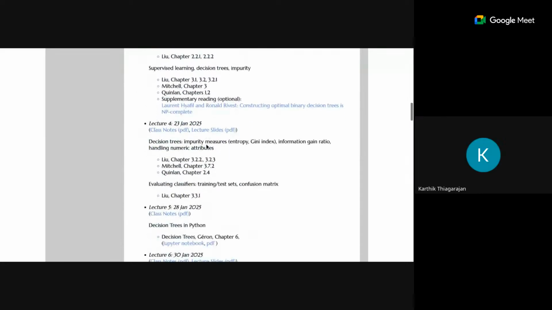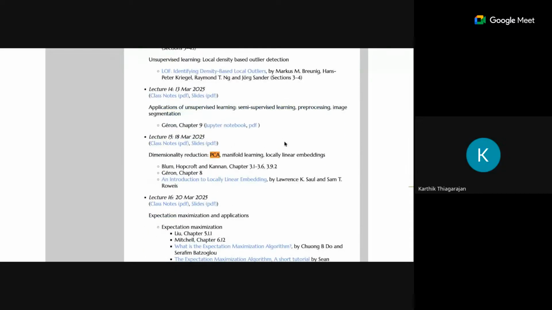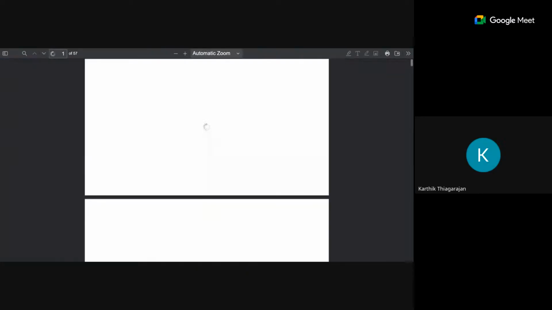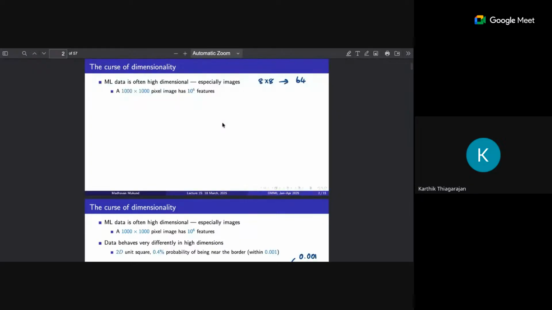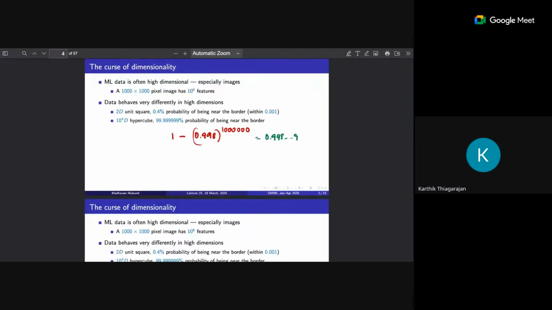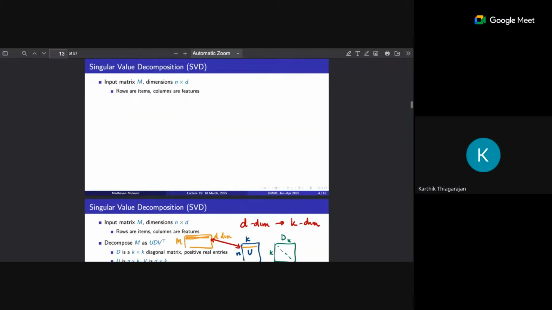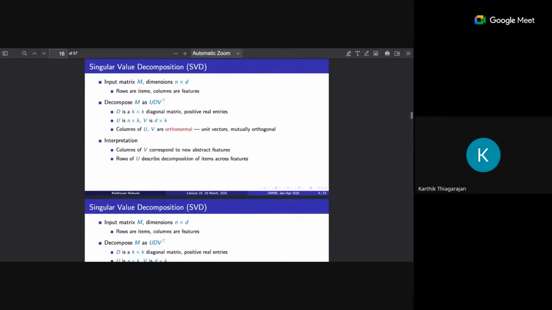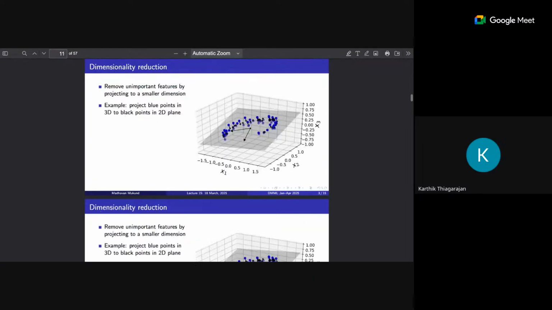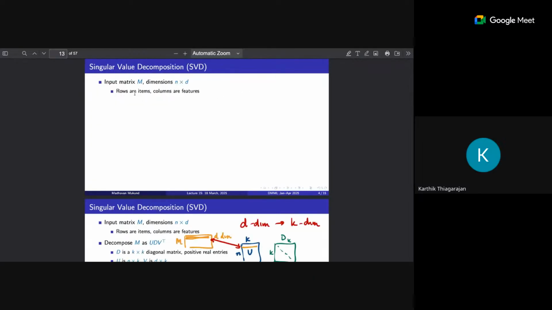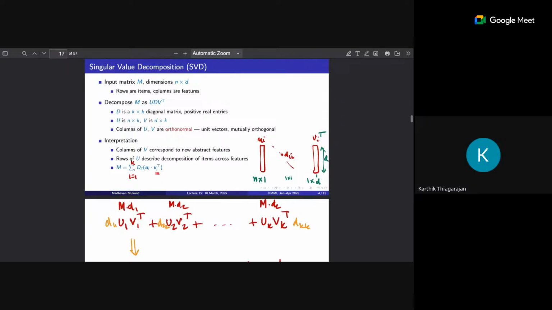He has supervised class notes, and PCA class notes. He uses nice images to motivate. He has presented PCA as SVD.